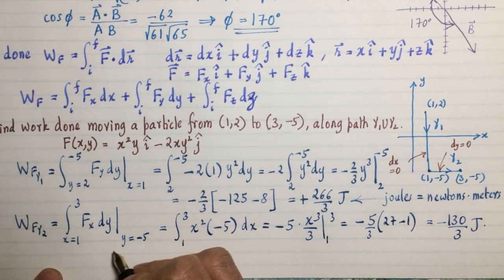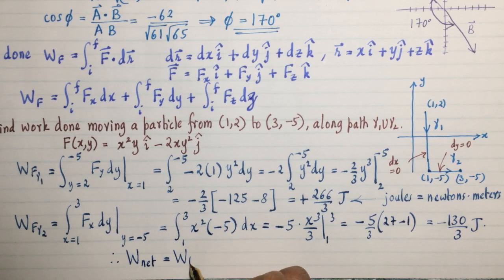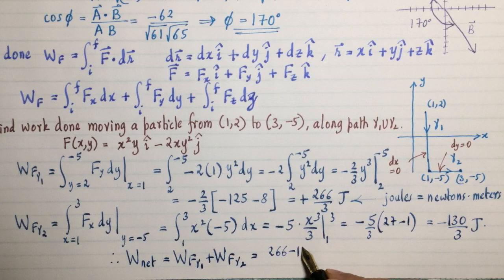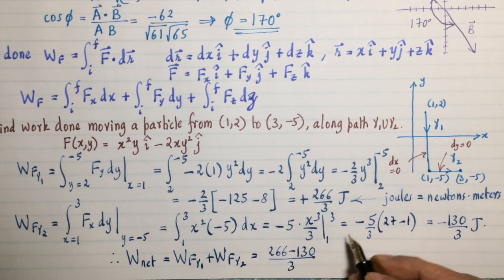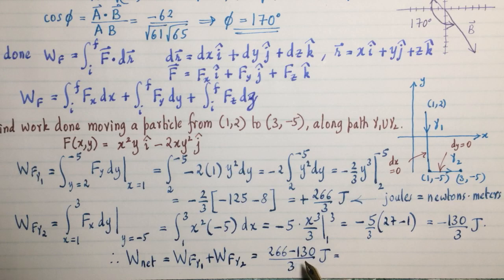Let's find the total work. Therefore, W net is going to be the sum of the two works, so W_F gamma 1 plus W_F gamma 2. I'm going to get (266 minus 130) divided by 3 joules, and that is what? 136 over 3.